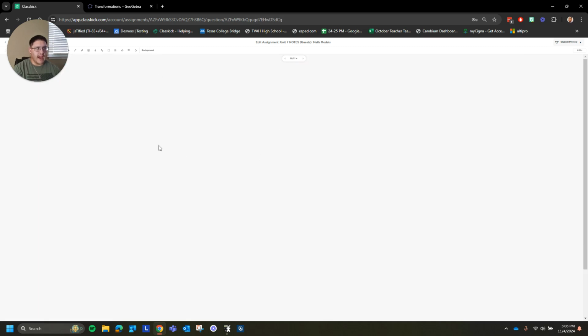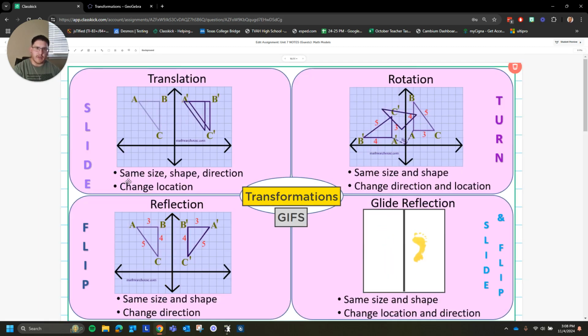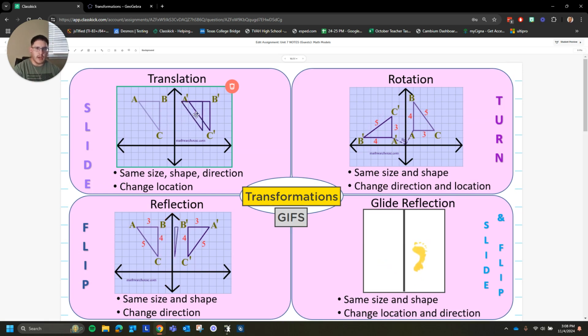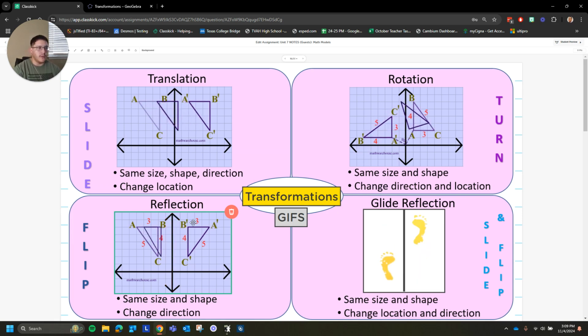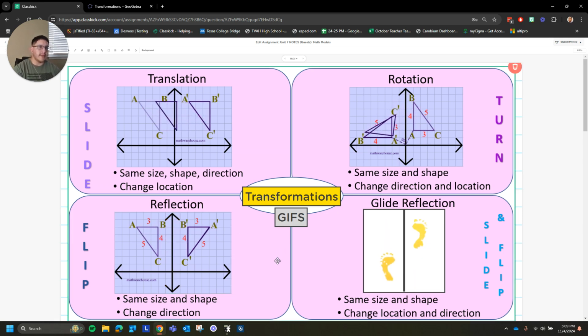Okay, on this next page, I have some GIFs of what it is I'm describing. Translation, as you can see, just moves the image from one side to the other. Rotation takes it around a particular point, in this case the origin. Reflection just takes the image and then moves it over a line, reflecting it.